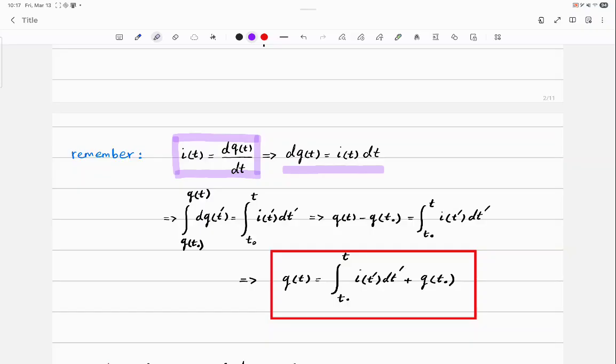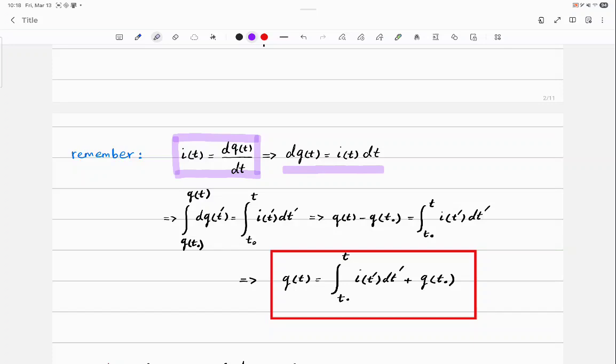Now, because both sides include some differentials, we can integrate it, right? The only thing that you have to pay attention to is that the right-hand side has the differential of time, the left-hand side has the differential of charge. So if you integrate it, the bounds of integral should be consistent.